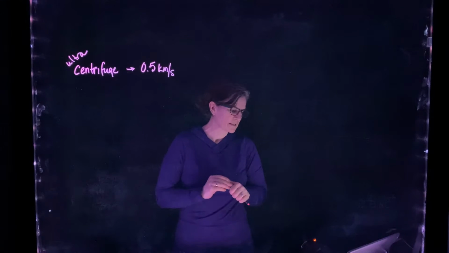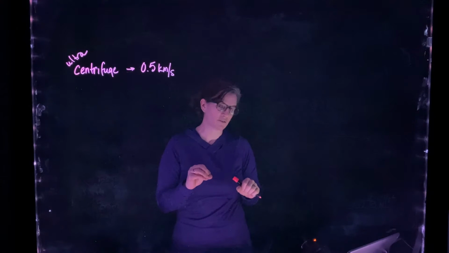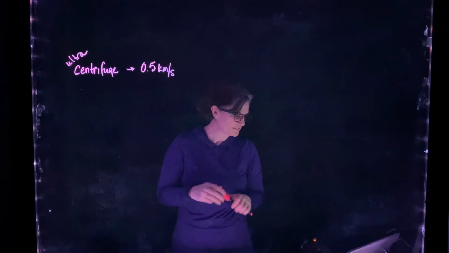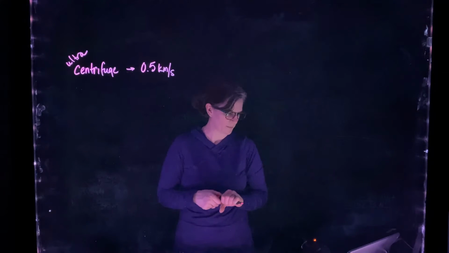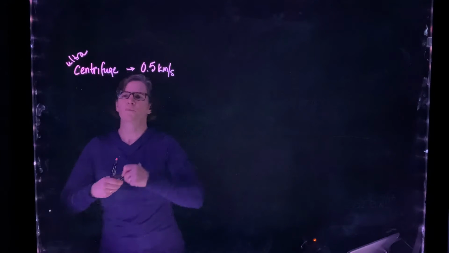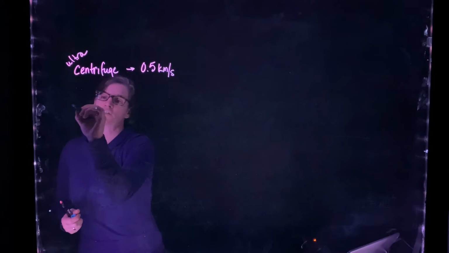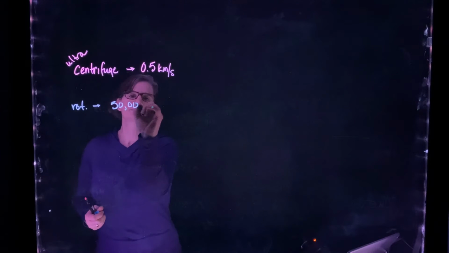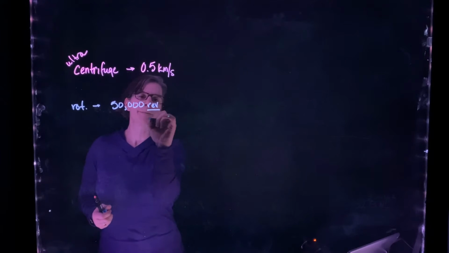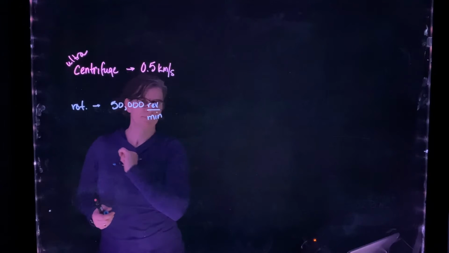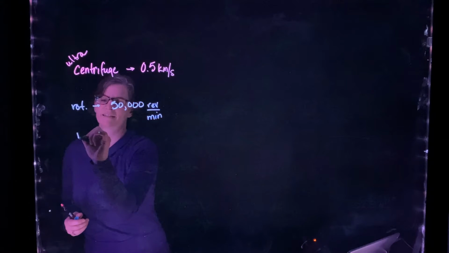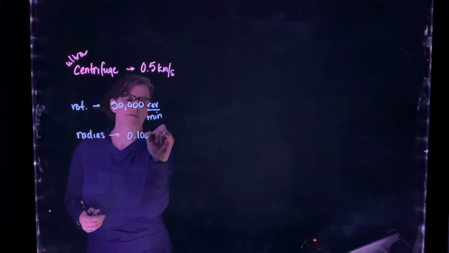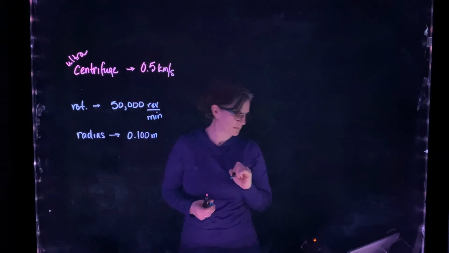If the linear speed on a point of an ultracentrifuge is 0.1 meters from its center and it rotates at 50,000 revolutions per minute. So we have the rotational speed of 50,000 revolutions per minute and the radius of 0.100 meters.